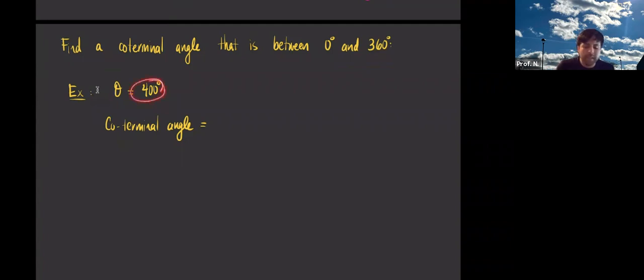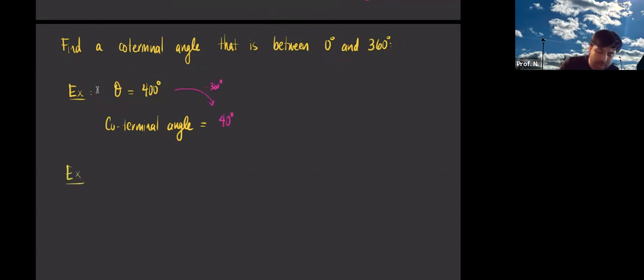So to get the coterminal angle that I'm interested in between this interval, I would have to subtract by 360. So if I subtract by 360, I get 40 degrees. And that will be the coterminal angle, 40 degrees.